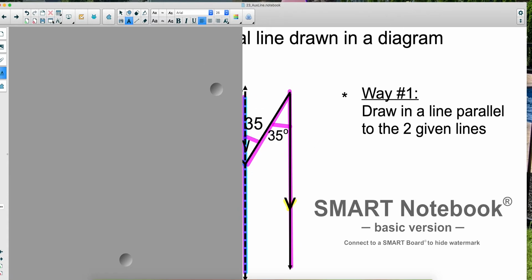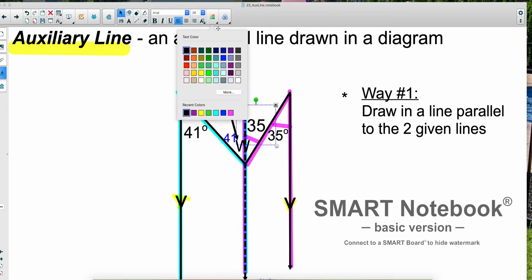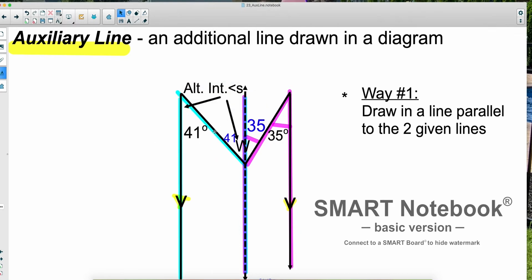Okay. Now, by doing that, what I now have are two measures at W. I have 41 and 35. So W is the sum of both of those angle measures. So I would find the measure of angle W by adding 41 and 35.